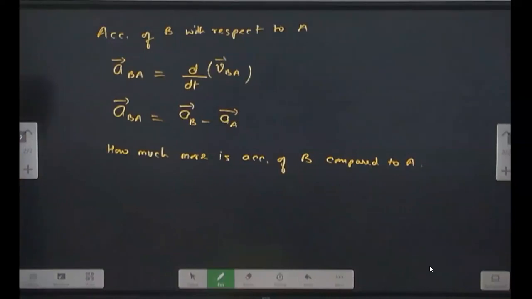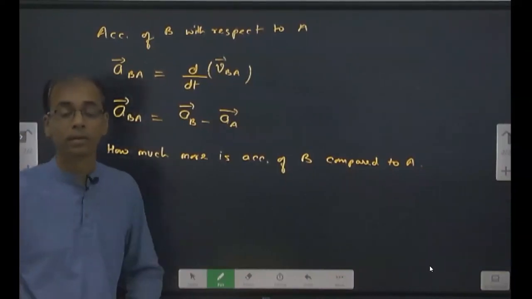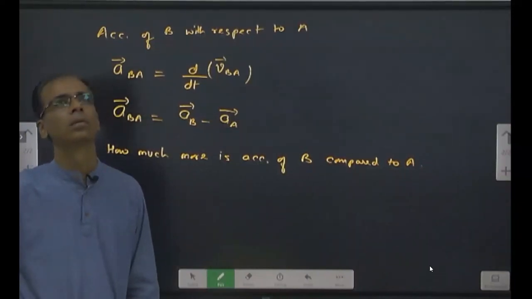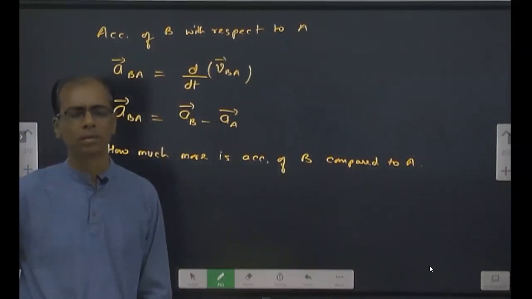Ask. Sir, in previous question, we did a dot product, sir. Why not cross product? Because velocity is a vector quantity, no, sir.